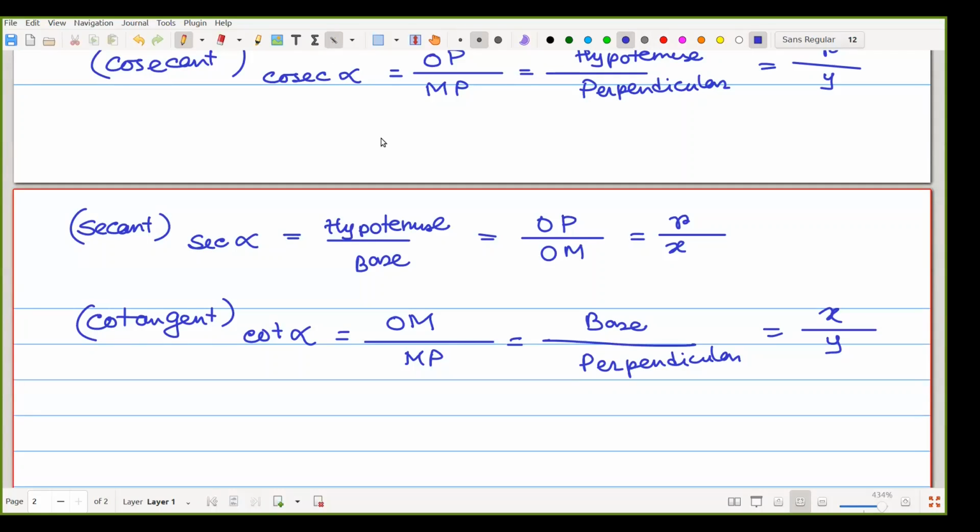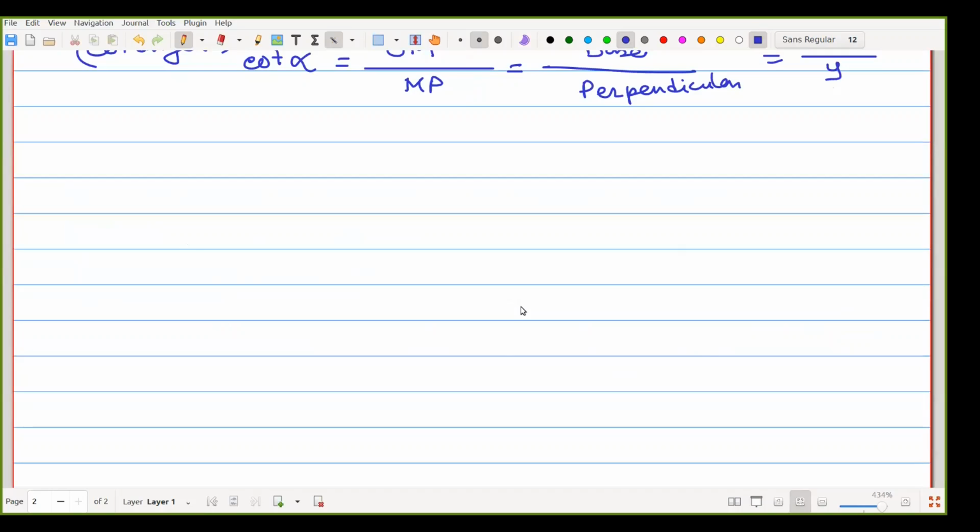Okay. Next, proceeding to another important notation. Suppose we have a right angle triangle like that, and A is here, C is here, B is here.